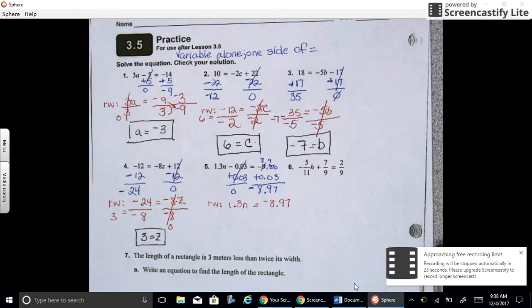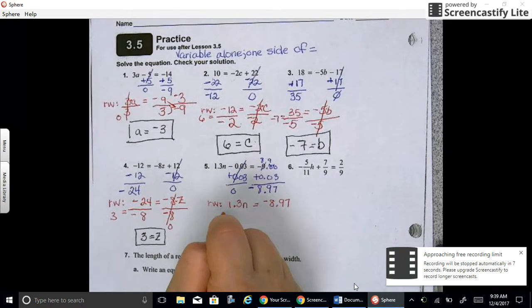Is that a multiplication or a division problem? The problem right now is multiplication, but you have to use division to separate them. Yeah, I'd have to use division to separate them and move the 1.3 to the other side of the equal sign so I get the n alone. So I put it over 1.3 and that cancels out to 0.